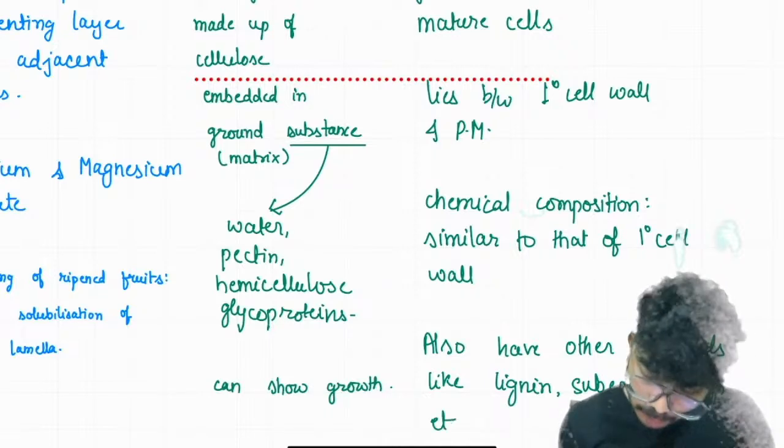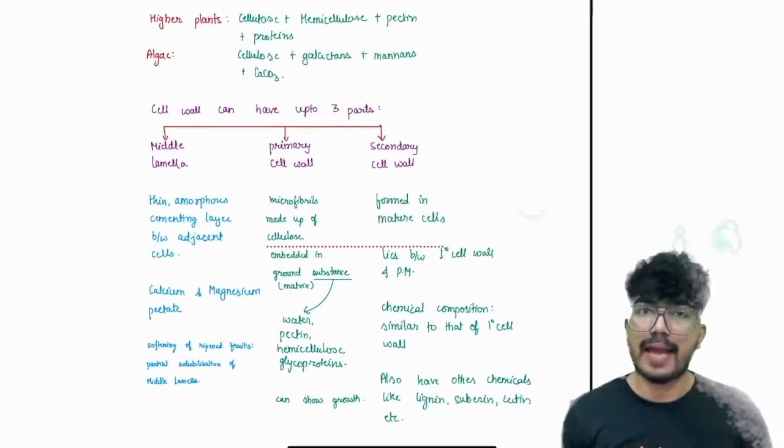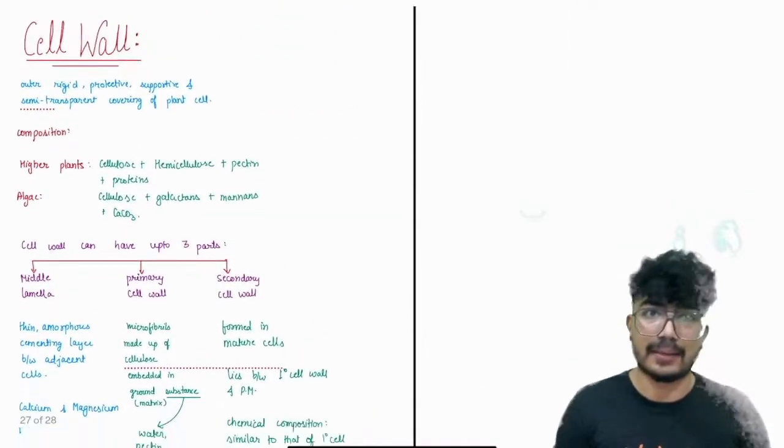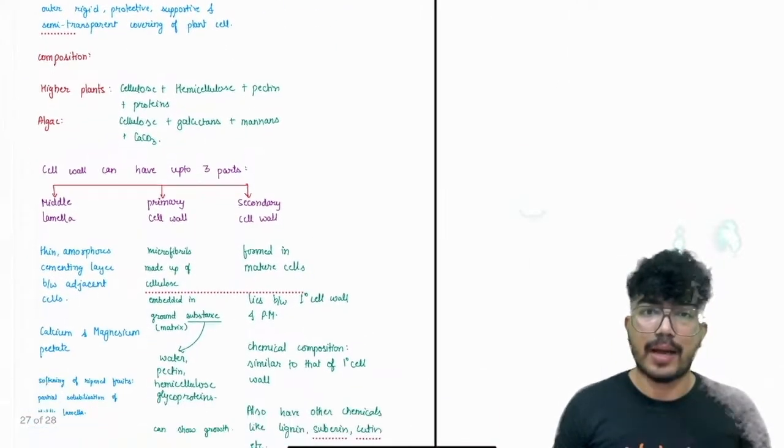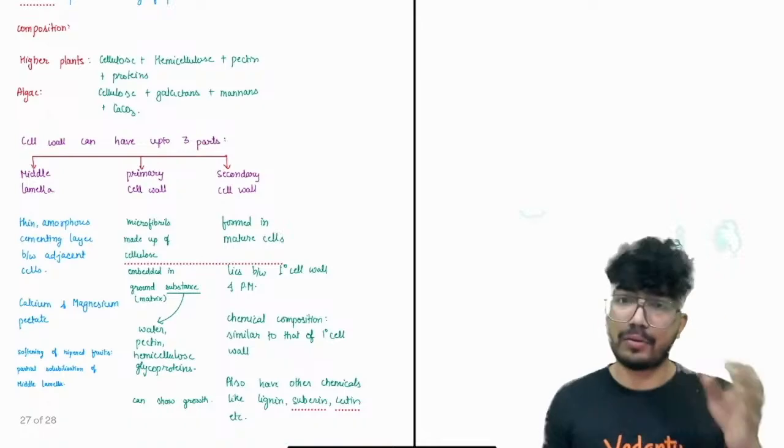So these are the most important ones. Here we have all the details about the plant cell wall. I hope you have understood everything till here.